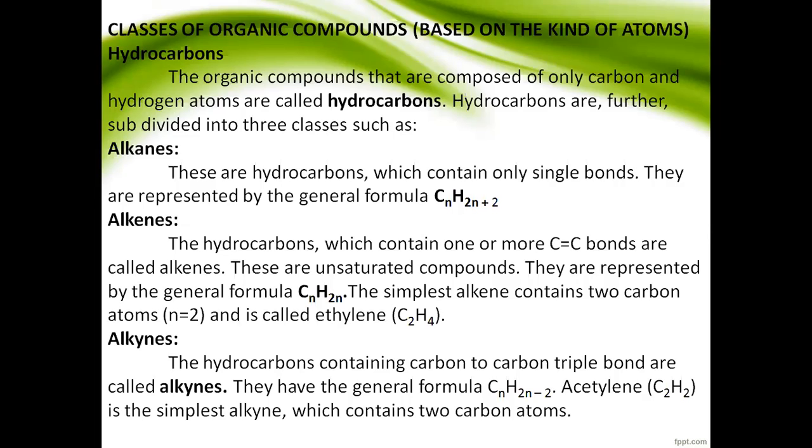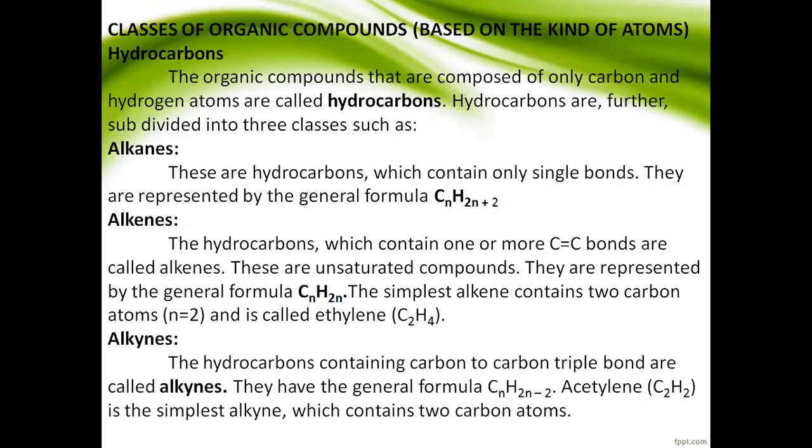The definition is that hydrocarbons containing carbon to carbon triple bonds are called alkynes. The general formula is CnH2n-2. Put n equal to 2, so C2H2, and the name is ethyne. Put n equal to 3, propyne. Butyne.